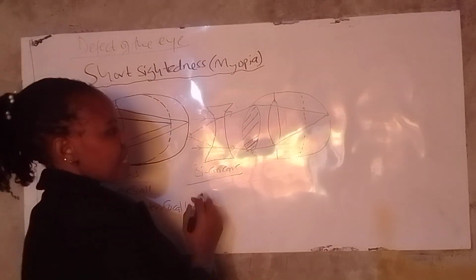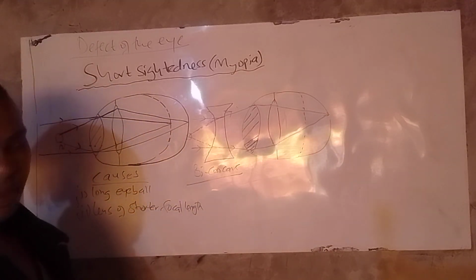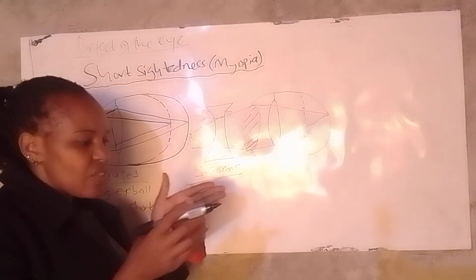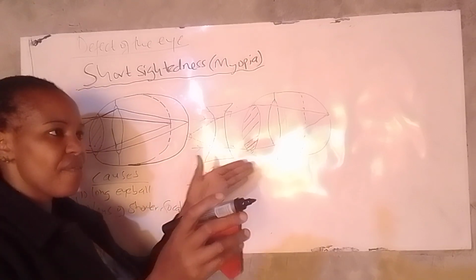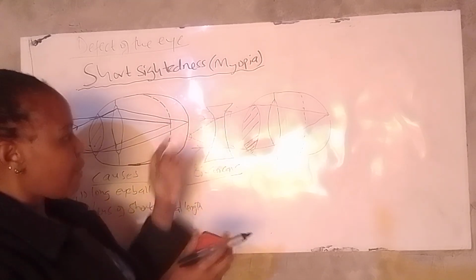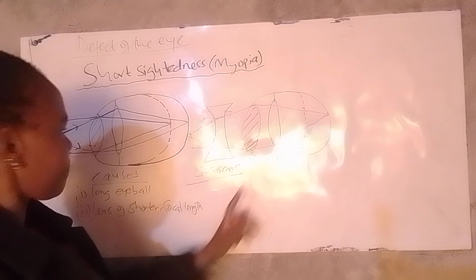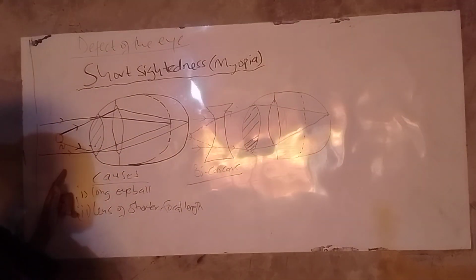So once you've done that, now the rays can fall on the retina, because the rays that were so close have been diverged by the diverging lens. So they fall on the retina now at the right place. Now when you look at this diagram and this diagram, you could see some similarities.